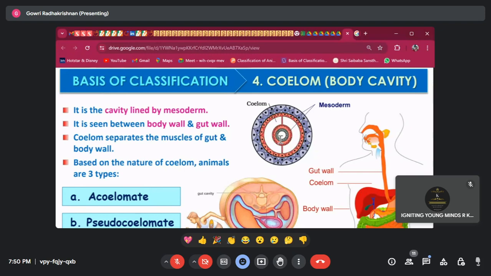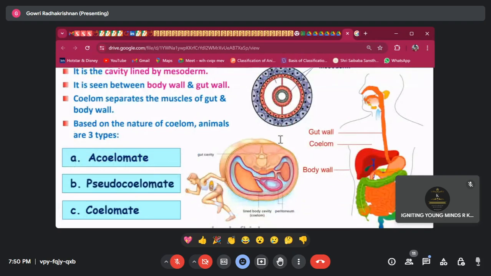Okay, coelom, that is the body cavity. It is a cavity lined by mesoderm. It is seen between the body wall and gut wall. The coelom separates the muscles of the gut and body wall. Based on the nature of the coelom, animals are of three types: acoelomate, pseudocoelomate, and coelomate.